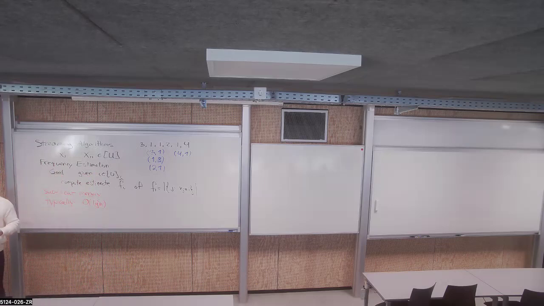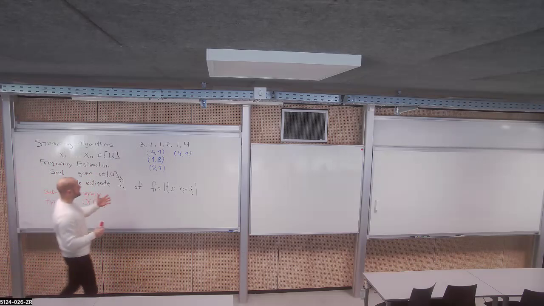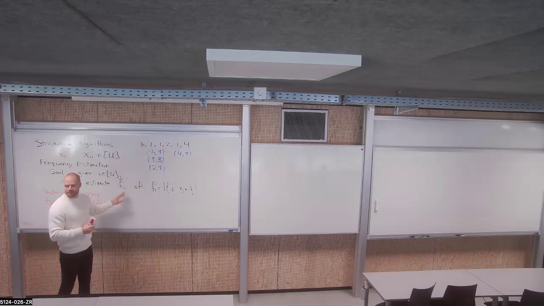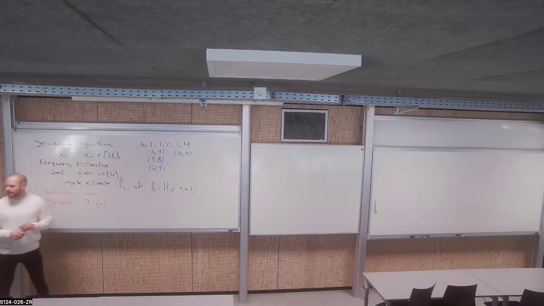We want to use much less space than storing the whole stream. And I think it's not too hard to convince oneself that that means that these estimates will not be exact. If I cannot store everything I see, I'll probably have to settle for some kind of approximation or mistakes in the estimates I'm getting. That makes sense?